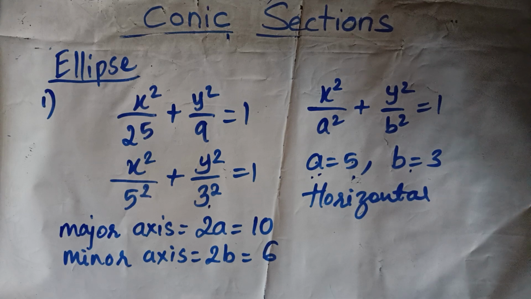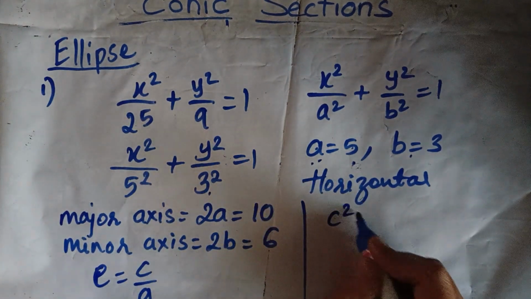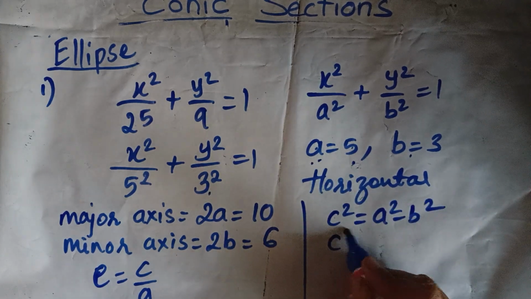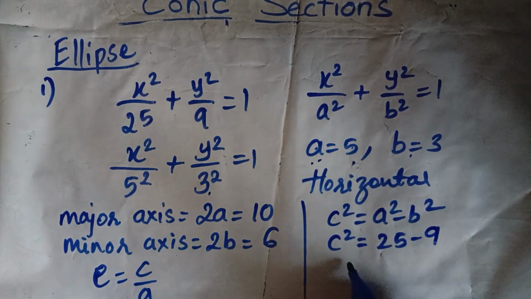Major axis, minor axis, then eccentricity. Eccentricity is c by a. So we have to find c here. C you can find by using the equation c square equal to a square minus b square.